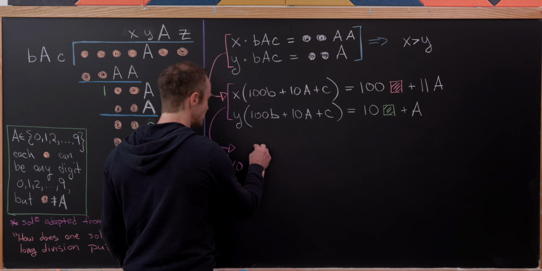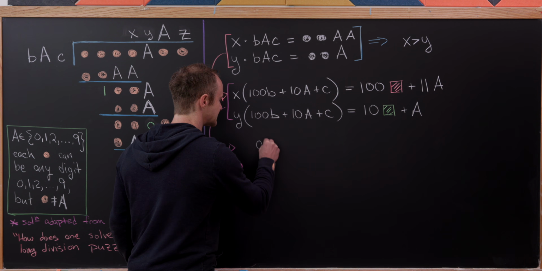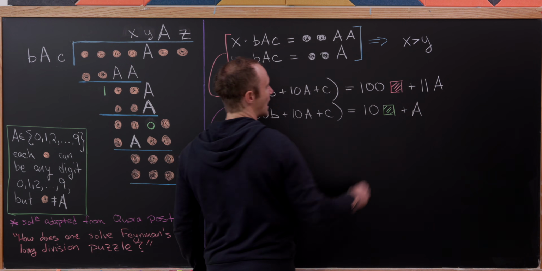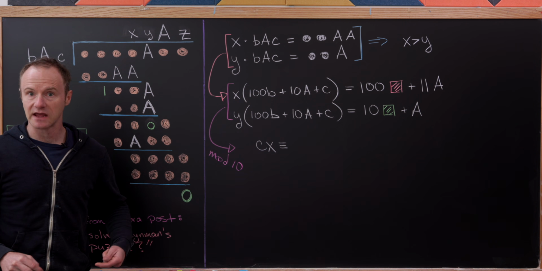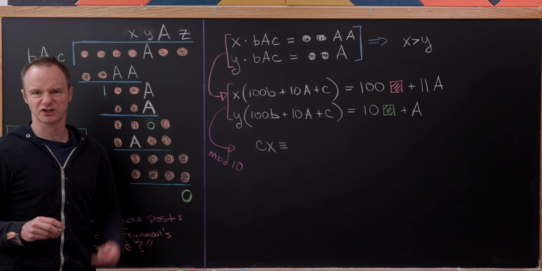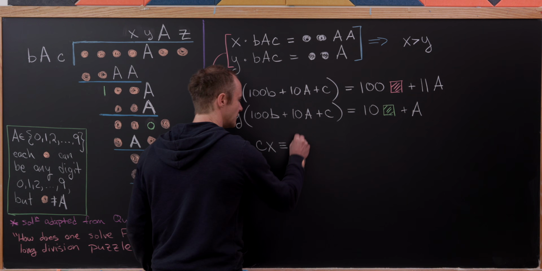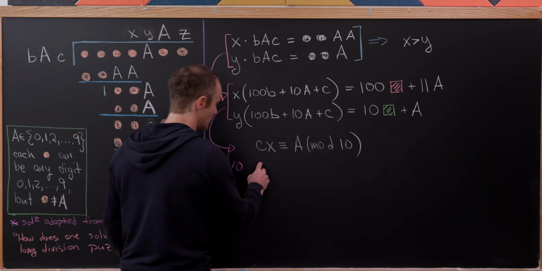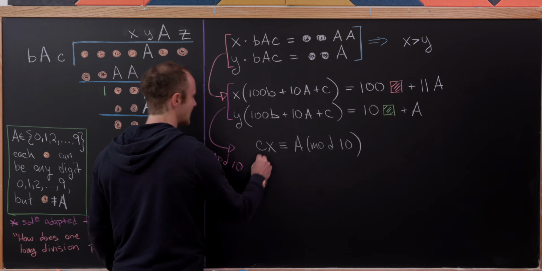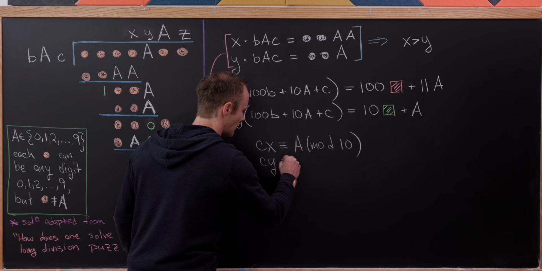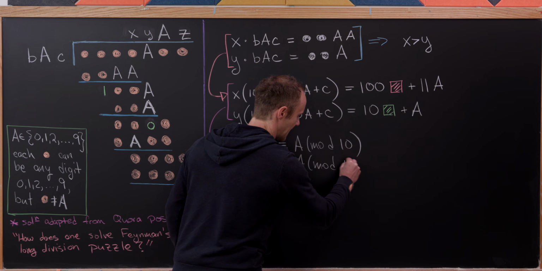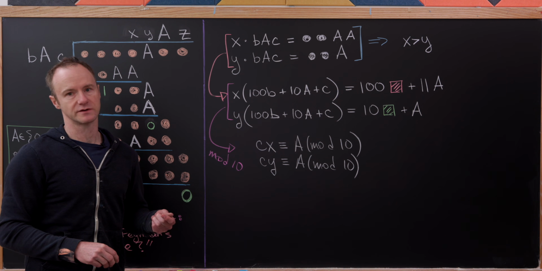So now our first equation will be c times x is congruent to, well, we have 10a plus 1a. Well, that'll just become a, so it's congruent to a modulo 10. And then we have, from this second line, c times y is congruent to a modulo 10. Oh, but they're both congruent to a mod 10.